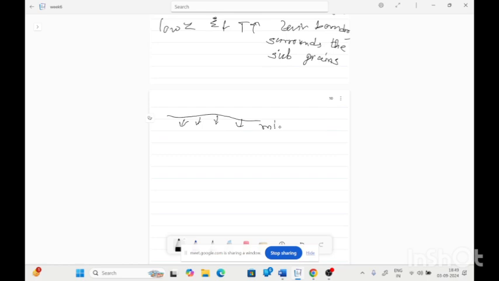So migration starts, then in the second process, this curvature will start to increase and form the bulge like this. So the Zener-Holloman parameter decides the grain boundary surrounding. So Z is the boundary deciding.